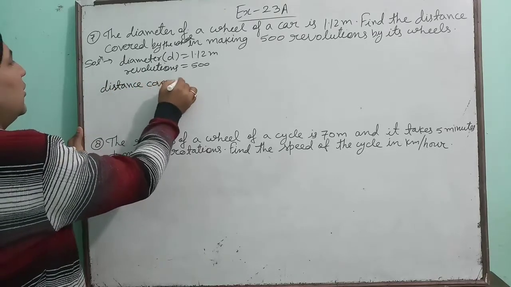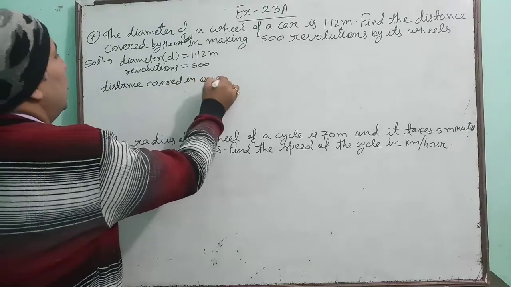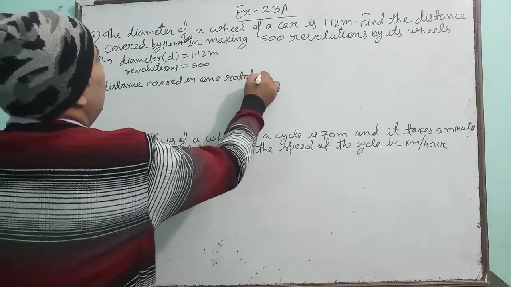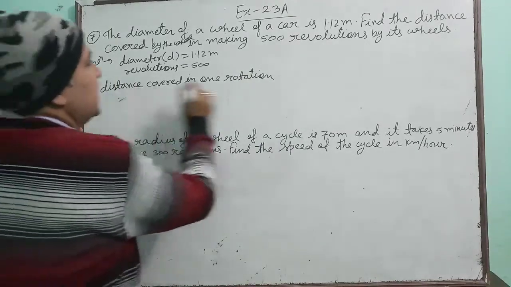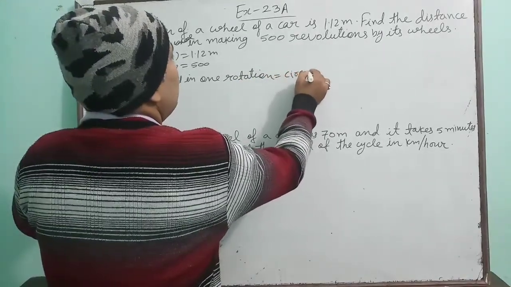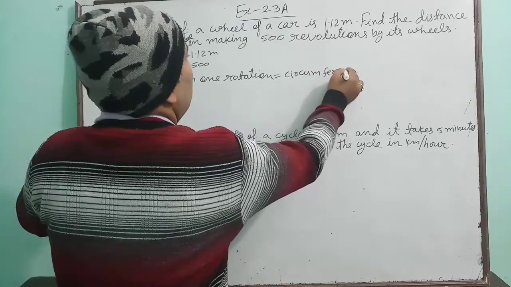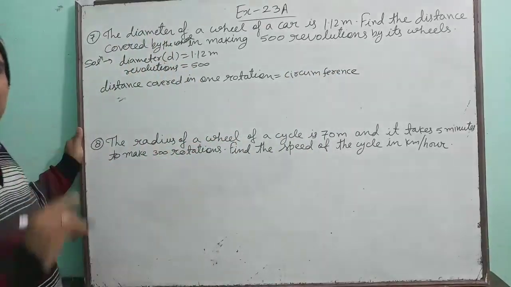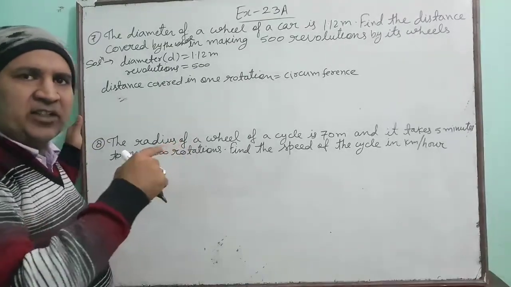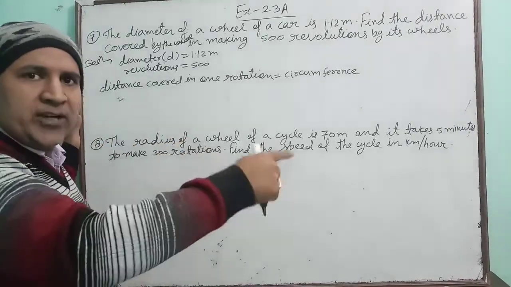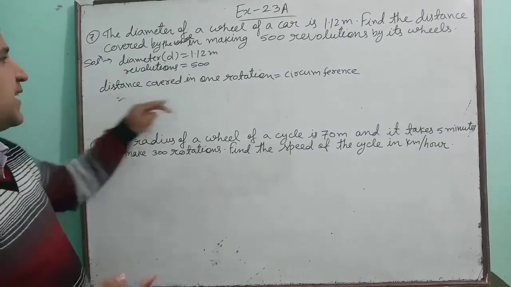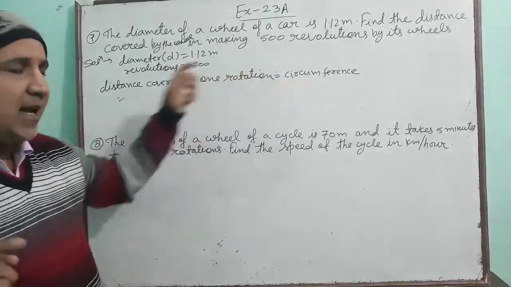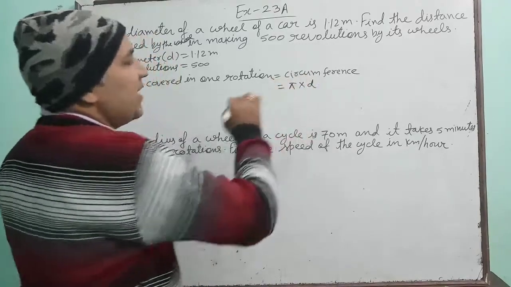Distance covered in one rotation is equal to circumference. Any circle, any wheel, when it rotates, then in one rotation, the distance covered by the wheel is equal to its circumference. And we know the formula for circumference, pi into diameter.